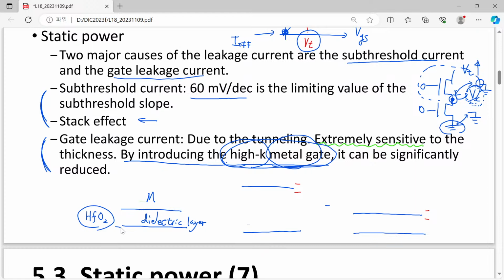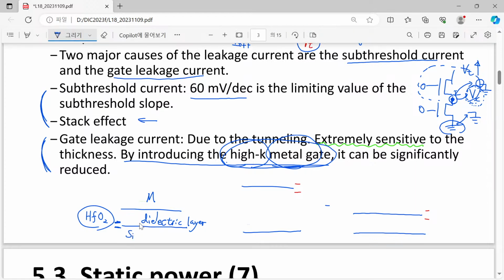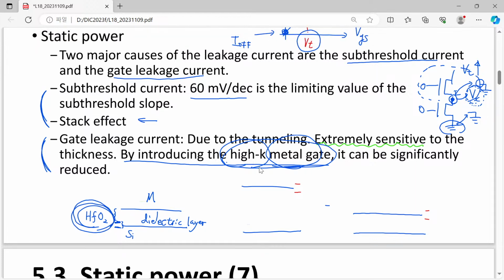For example, at the interface between silicon and this dielectric layer, we have just one unit layer of silicon dioxide. After that, we have hafnium oxide. Anyway, now we have a hafnium oxide high-K layer, and the metal gate is a metal gate. Previously, it was an oxide layer and polysilicon.